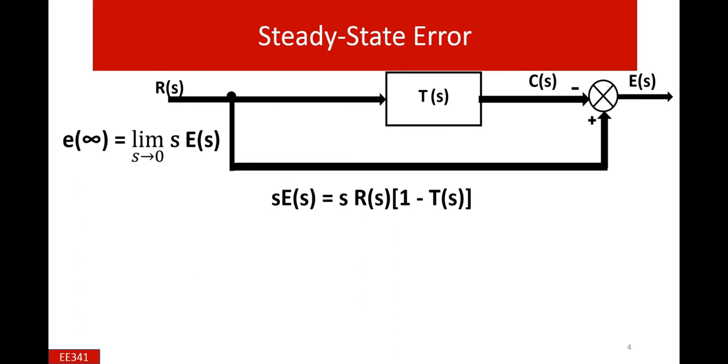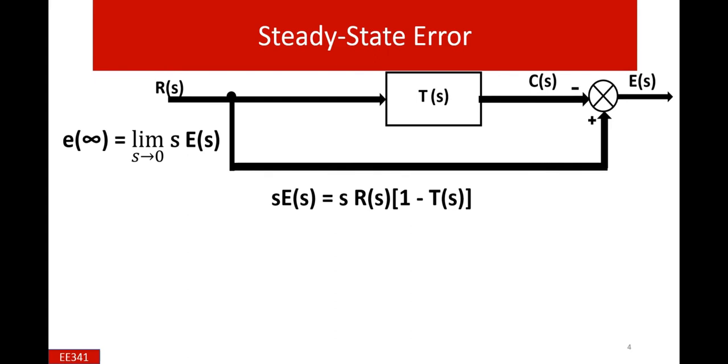We find the steady state error in terms of the closed loop transfer function. For example, we have a closed loop transfer function T of S, which is given, and R of S is the input or reference value, and C of S is the output or control value.